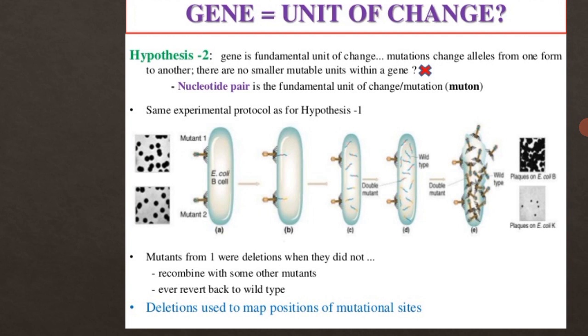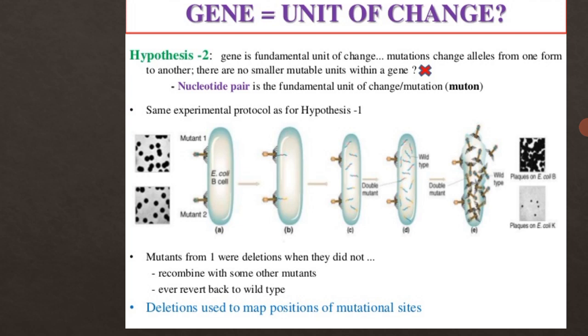Therefore we can call it a deletion mutation, because the genes got permanently deleted from their genome, from their DNA, from their genetic material, and that is why it is not getting reverted back to the original, right? Then we can say that this type of mutation must be a deletion mutation, whereas you can see mutant 2 is getting back to the wild type one.